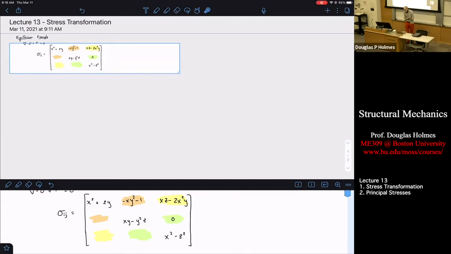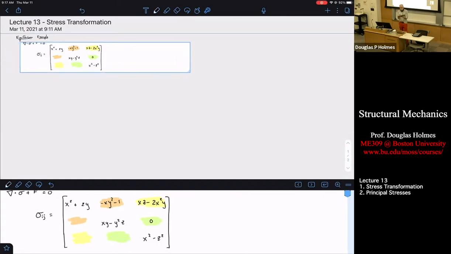So we could ask the question, given this way that stress varies within the body, what is the body force distribution that ensures that our object is in equilibrium?